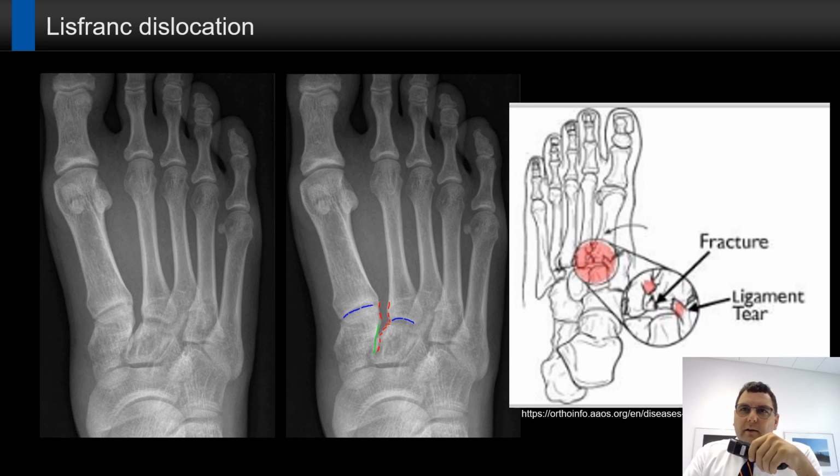I already highlighted some structures here, and you can see there is a step and a widening of the first intermetatarsal space here, and this is always indicative for a tear of the ligament here, which connects those bones. So if you have a gap here, you always need to consider Lisfranc injury.